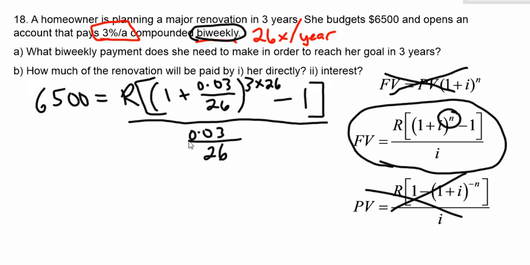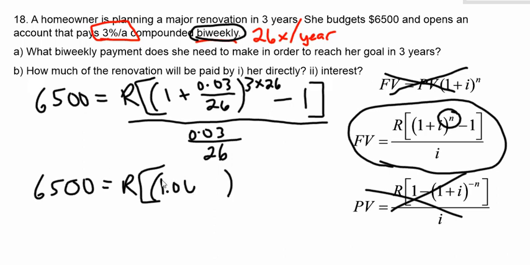Now be careful with your calculator, and let's figure this out. First of all, I'm going to go into the bracket. So the bracket says 0.03 divided by 26, and then I'm going to add 1, and what's in that bracket is 1.001154.